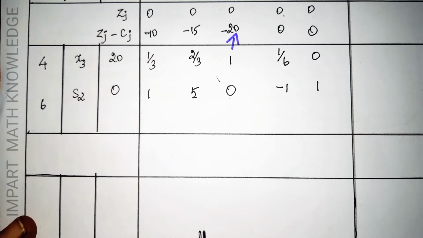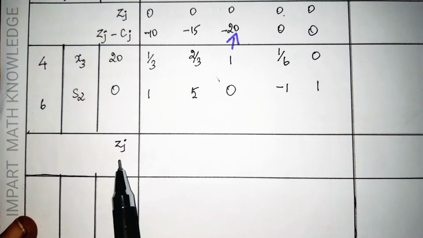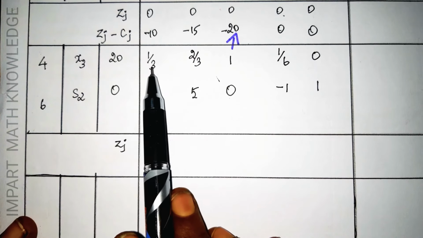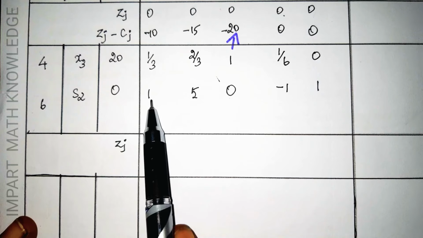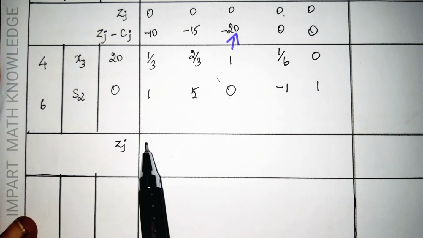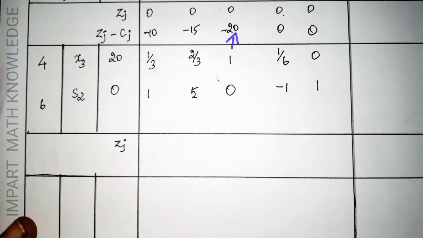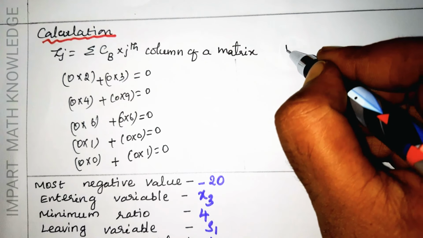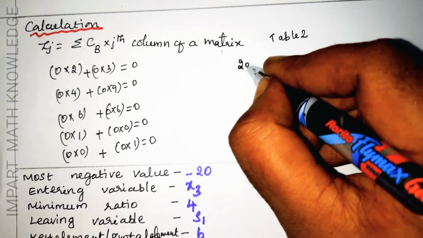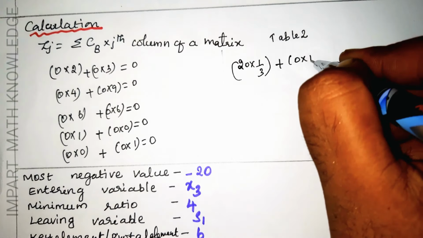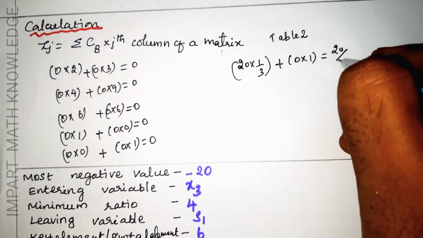Now we have to find ZJ. For finding ZJ, you have to multiply and add, that is 20 into 1 by 3 plus 0 into 1. So you will get 20 by 3. So like that you have to find the other values. Let me write for table 2, 20 into 1 by 3 plus 0 into 1, that is 20 by 3.